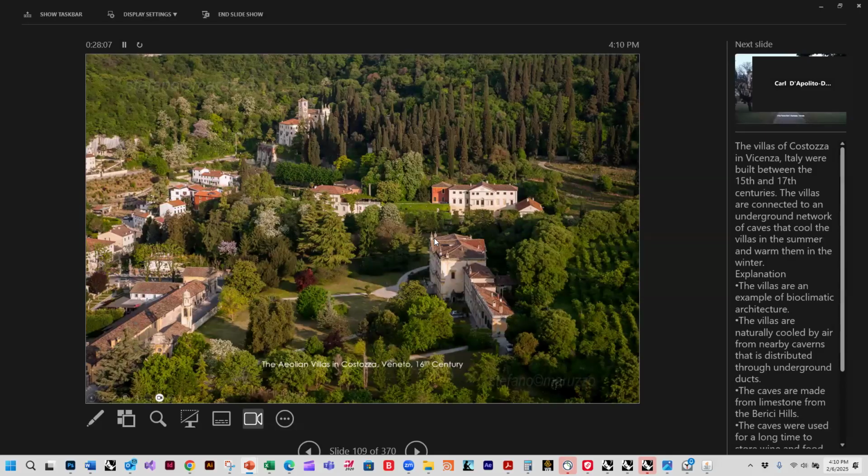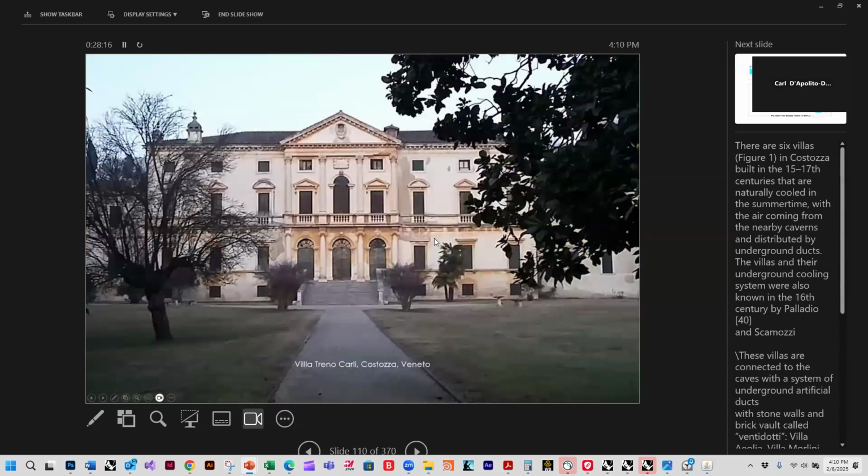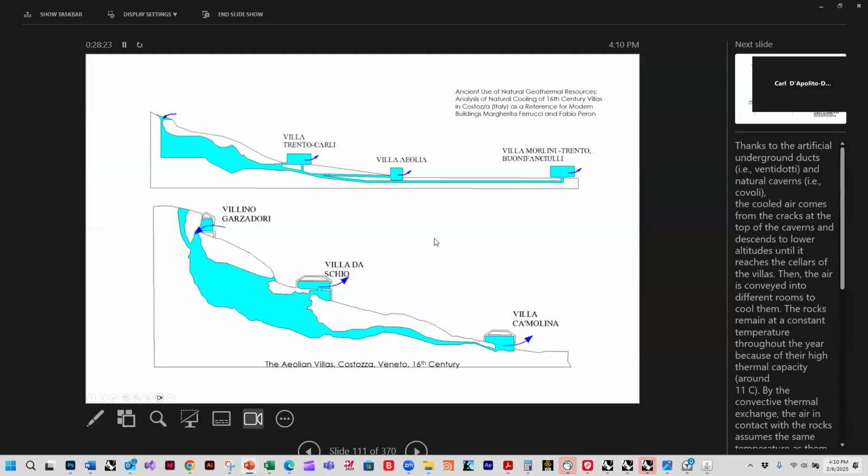These are very famous. These are the Aeolian villas in Costanza. They're from the 16th century. There's six of them. They're very famous, and they are these sort of fancy Italian villas, and they are connected to caves. Basically, there's a pressure difference because this is higher than here.